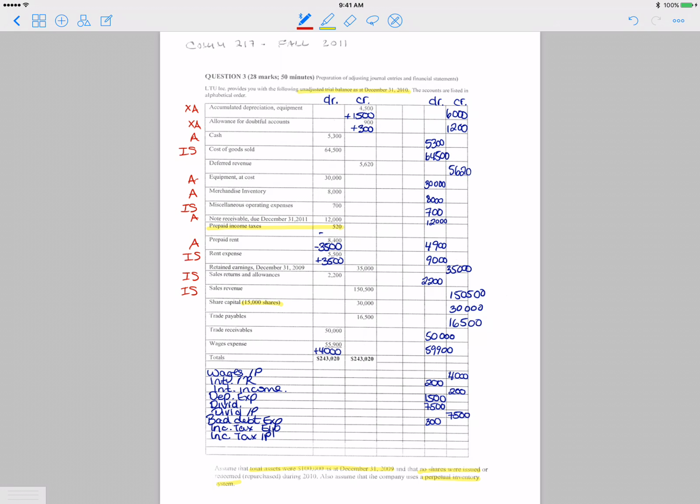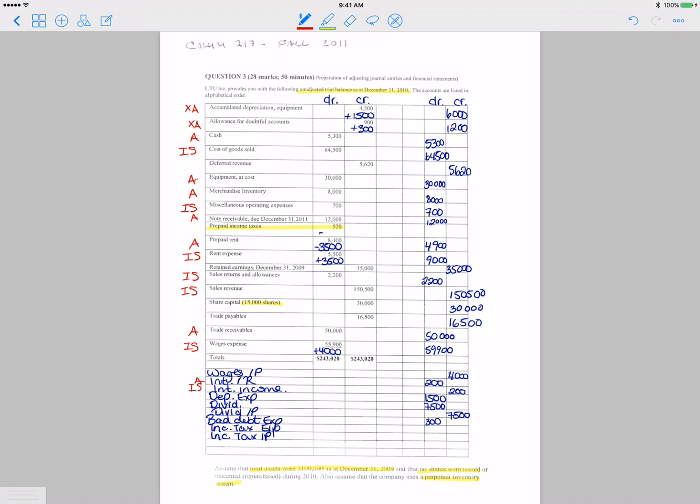Our share capital, our trade payables, we're not going to be dealing with in this question. Our trade receivables are an asset. Our wages expense is an expense. It goes on our income statement. Wages payable is a liability. And interest revenue is an income, which is a revenue.